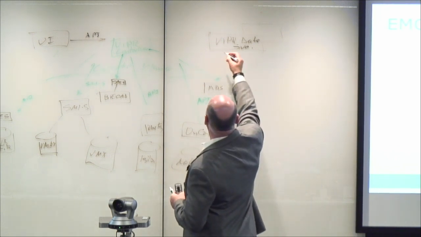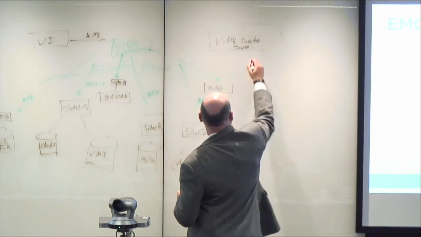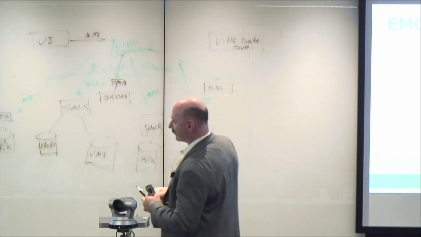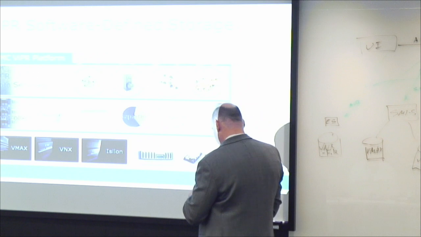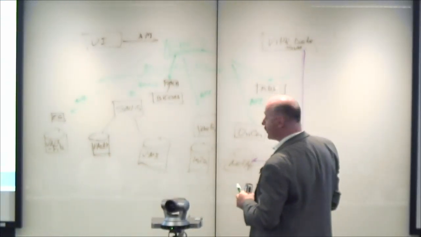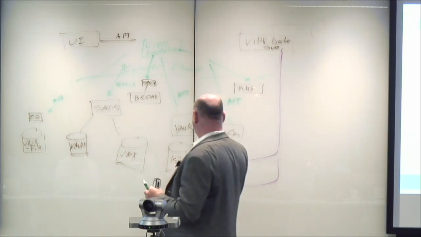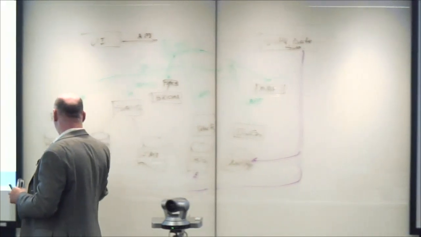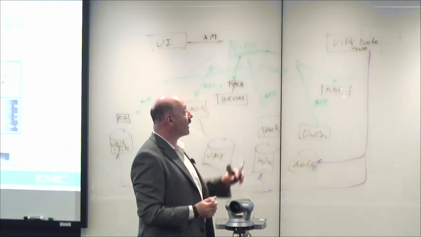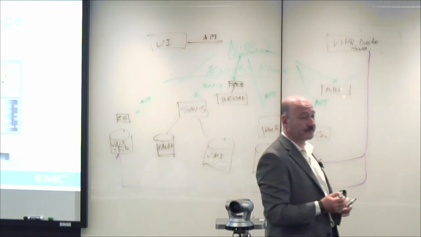In that regard, as a data path, it talks directly to the file system on a NetApp, Isilon, or VNX file, whereas the controller talks to the control station, OneFS, or OnCommand.